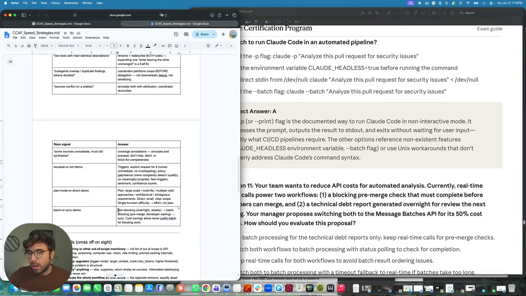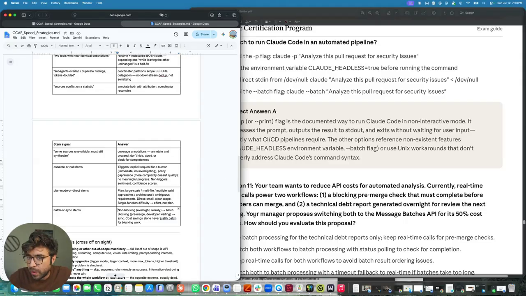In one of these stems, non-blocking processes that can happen overnight or weekly are things that you should batch. Things that are blocking, like pre-merge with a developer waiting, should go through the sync API. Cost savings alone never justify batching or never justify blocking work.